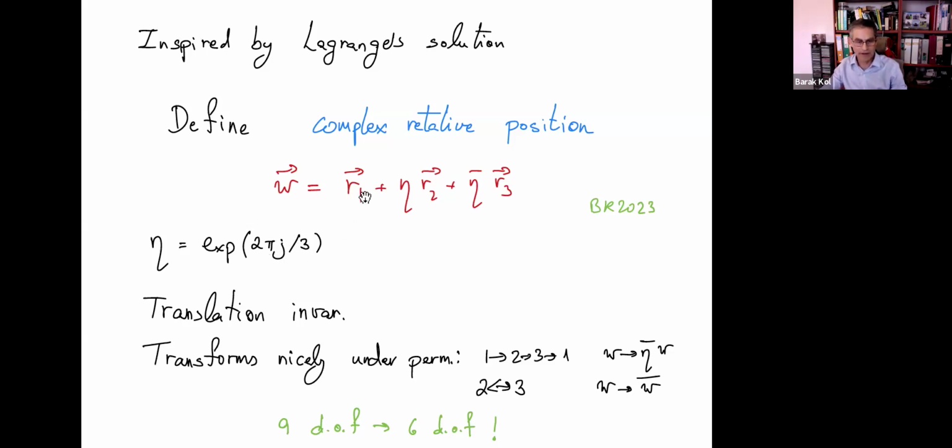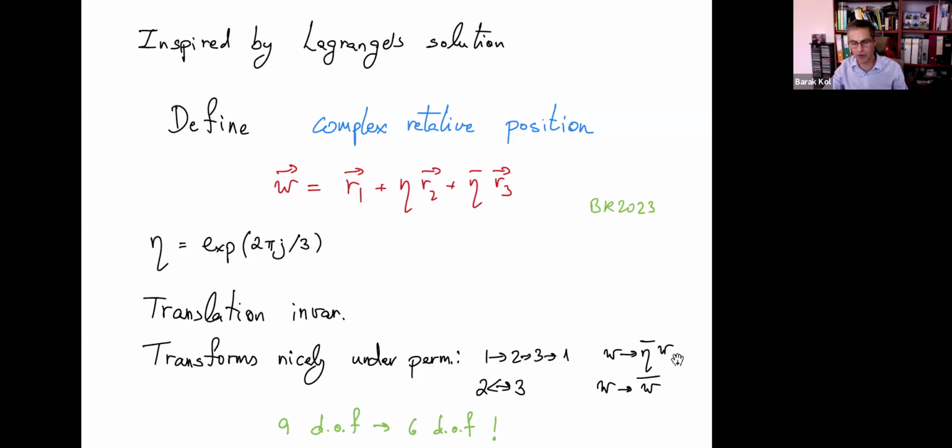This quantity, just like R1 minus R2, is translation invariant. So if you shift the system, W doesn't change. And that's exactly what you expect once you've factored out the center of mass. Moreover, it transforms nicely under permutations. It cannot be completely invariant to permutations, but it transforms nicely.